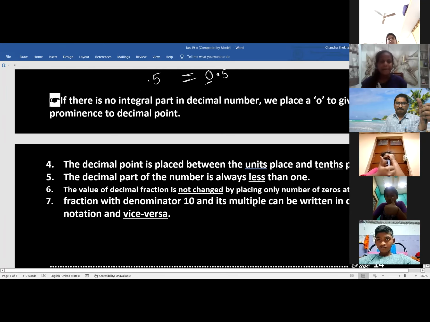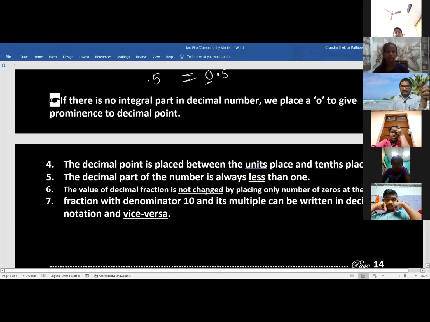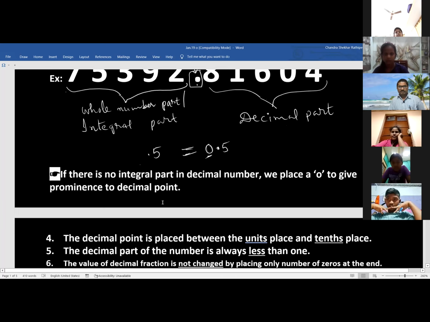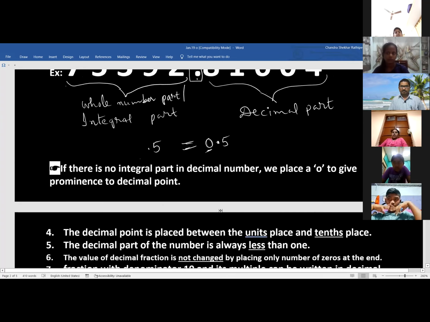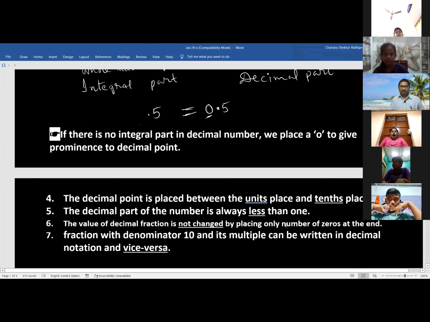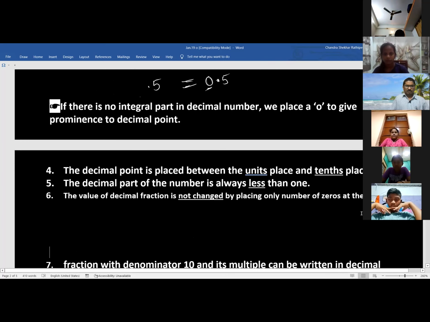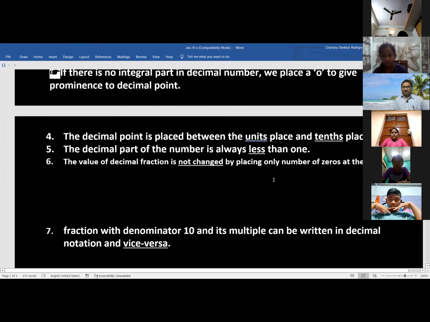Yes, everyone. Okay. Next, the value of a decimal fraction is not changed by placing any number of zeros at the end. Suppose here we have 1.2.